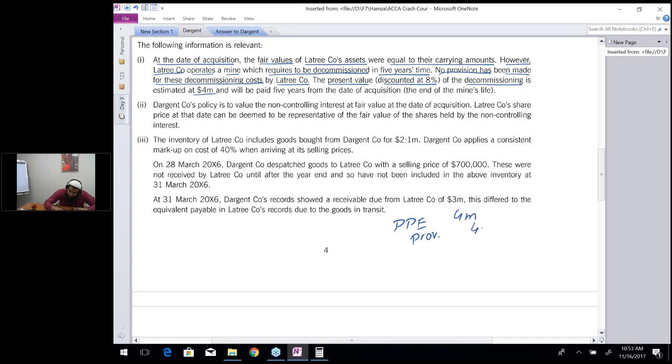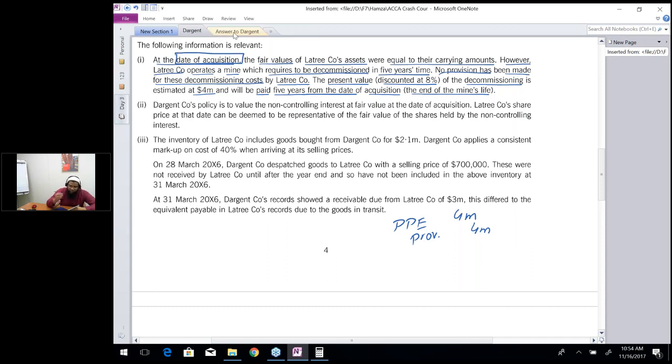So the property should be recorded at 4 million and the provision should be recorded at 4 million, and will be paid 5 years from the date of acquisition, the end of mine's life. So the asset will be increased by 4. Asset means property, plant, equipment. So we are increasing the asset by 4 and we are increasing the provision by 4, and we are doing this at the date of acquisition.